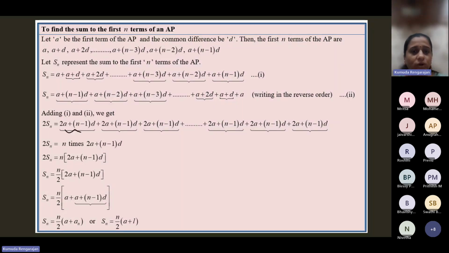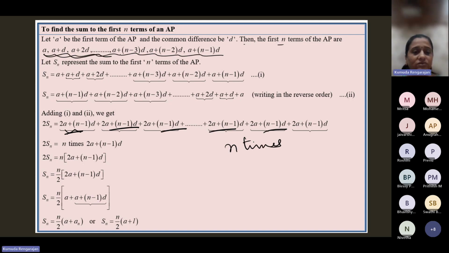So this sum, 2a plus n minus 1 into d, we get it n times.